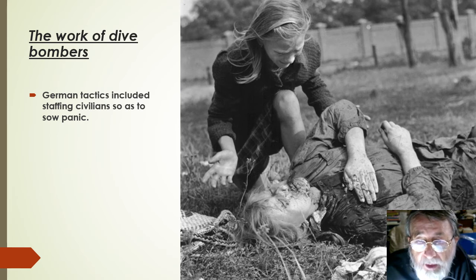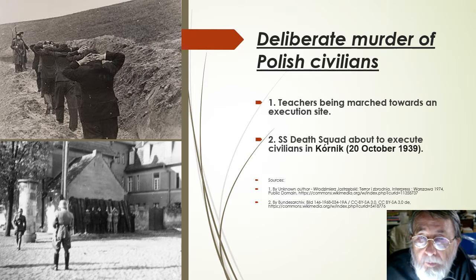Then the other horrific feature of the German advance is tactical, and that is the use of dive bombers to strafe civilian refugees to sow panic. So here we have a heart-rending photograph of a young girl and her, I assume, dead sister as a result of dive bombing strafing.